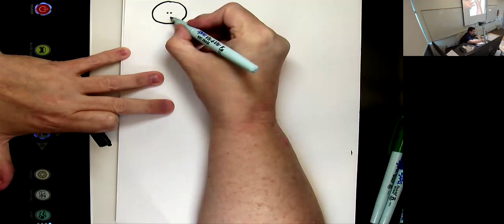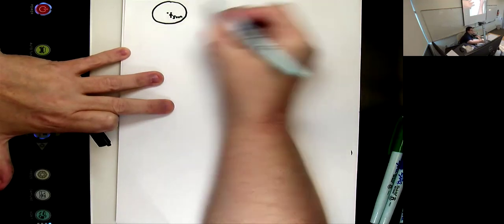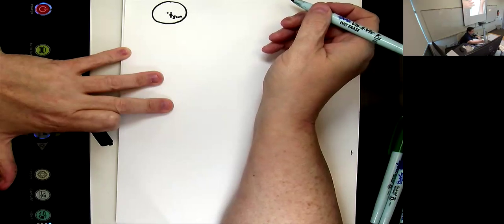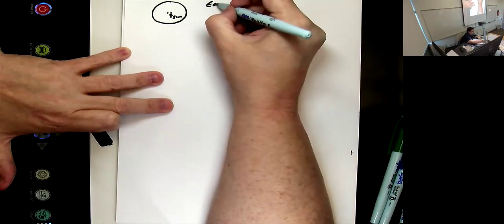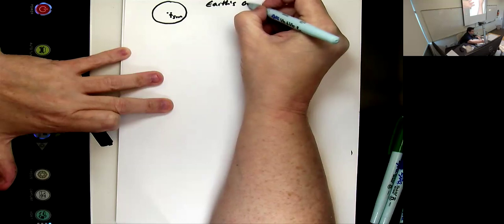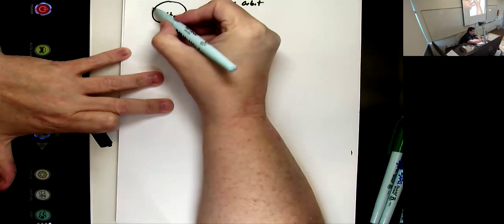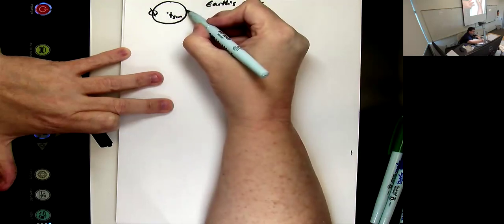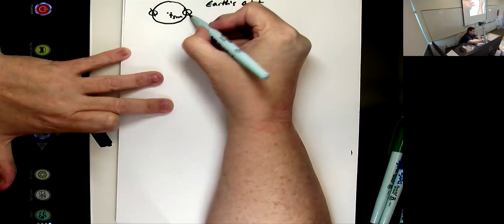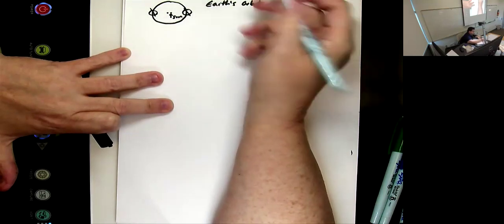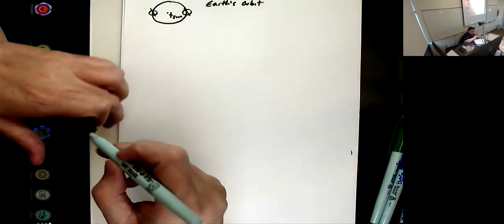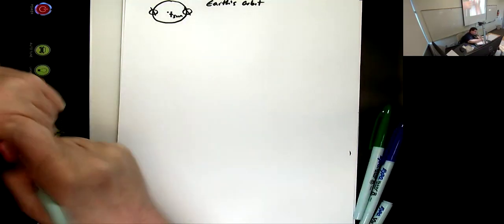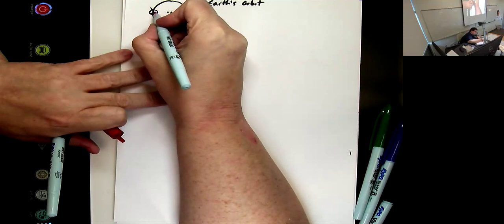One of the focal points is the sun for Earth's orbit, and we are tipped away. So this is the tip of the axis, like the equator is like this.